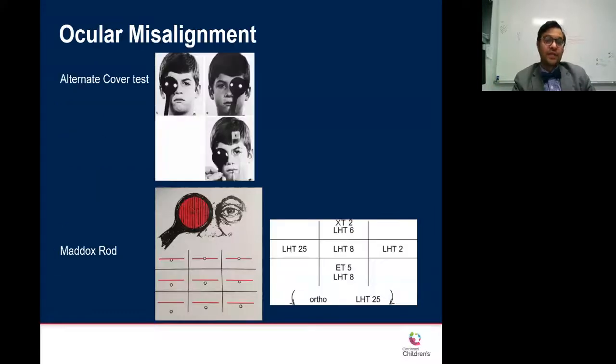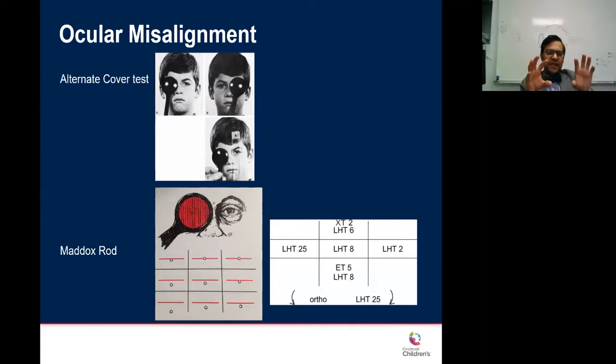So ocular misalignment. This is really important. So as a neurologist, if you have a muscle light or light right in front of them, you have them look at the light. And what you're looking at is a corneal reflex and reflection. An eye that is fusing and looking right at the light, it'll be right in the center of the pupil.